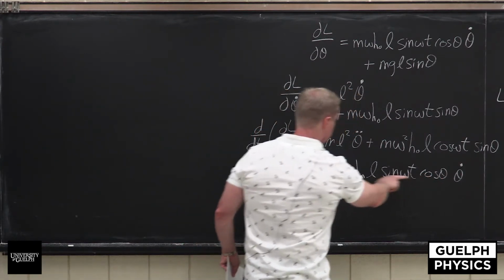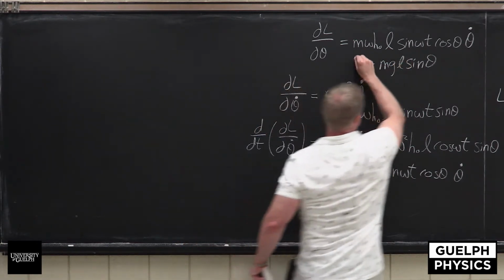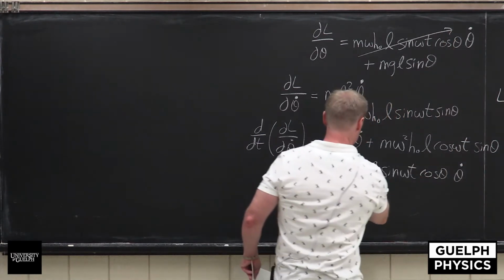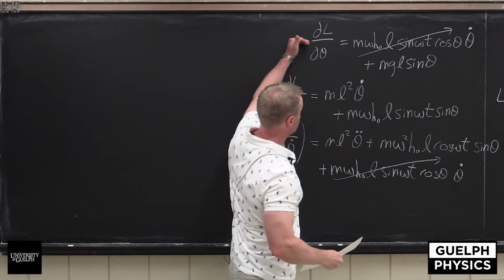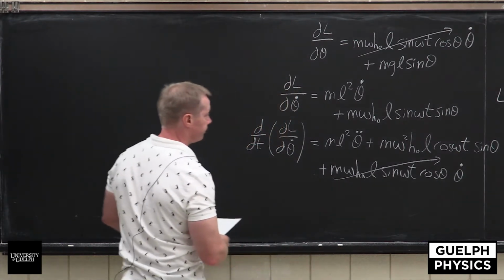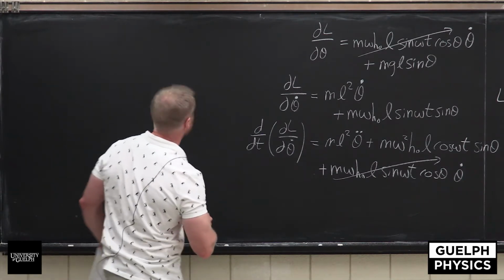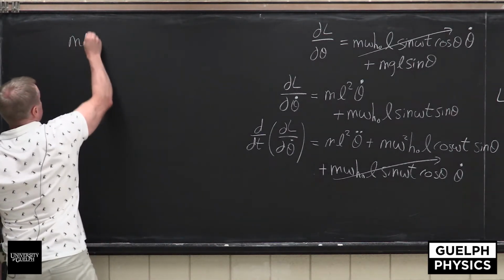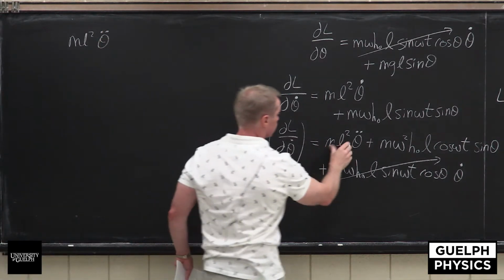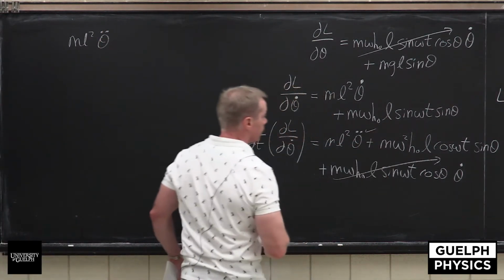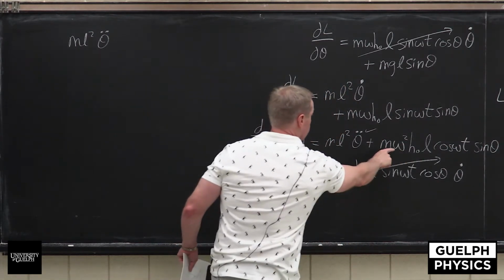So this term will cancel exactly that term, because remember, it's subtracting this term off. So that our equation of motion then becomes ml squared theta double dot. So that's from here. I'm just going to keep track of each of these terms as I go along.